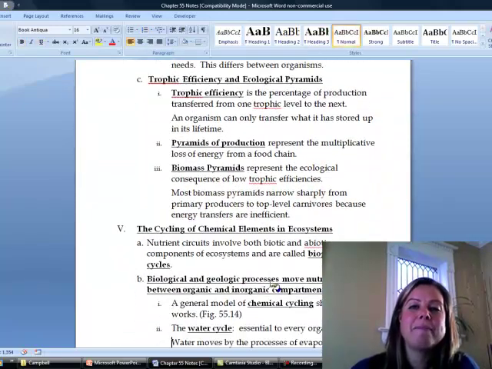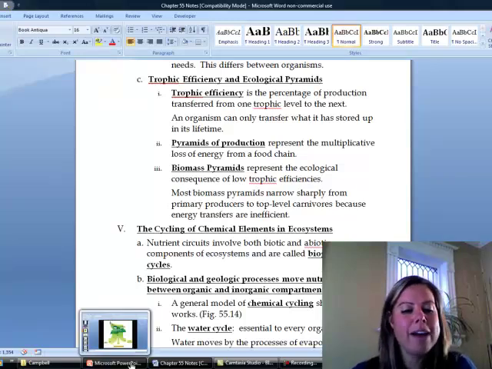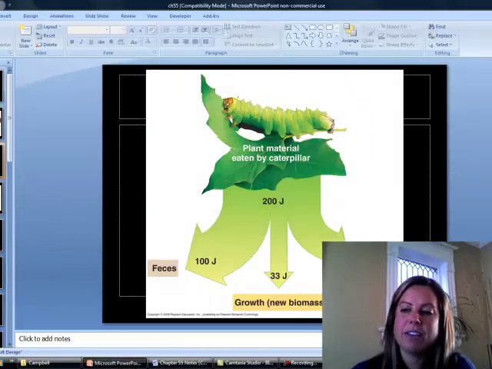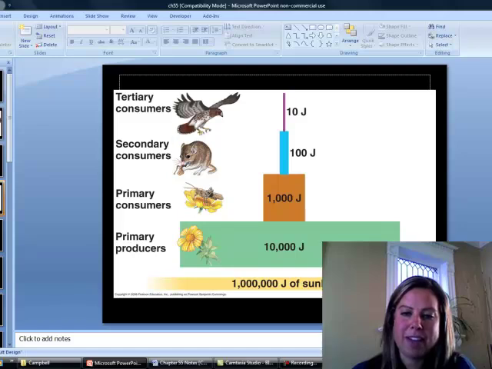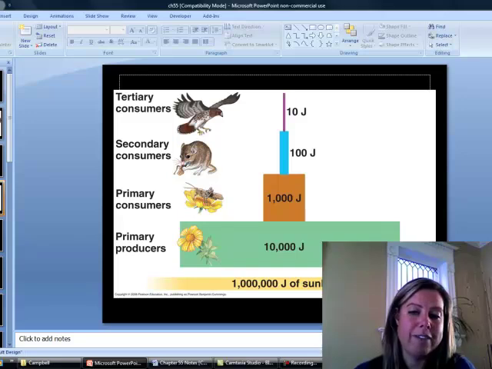Okay, so one way that we can graphically represent this is by using biomass pyramids. This is a biomass pyramid, and what this is showing is that the primary producers are going to make up the majority of this food chain, food web, whatever. And then the amount of energy that's going to make it to support primary consumers has gone down drastically for each level, right?